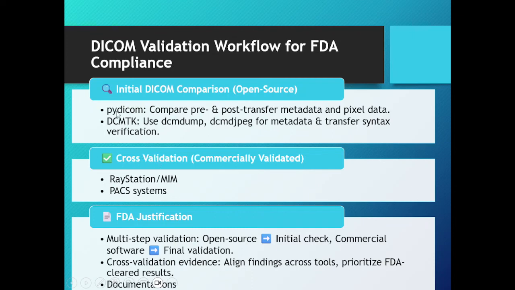Using PyDICOM, you can batch process a lot of files, but this is not enough. To establish the link to a commercially validated tool, you compare selected files using PyDICOM versus a commercially available system. Therefore, this will establish a link between your initial validation and the final validation.